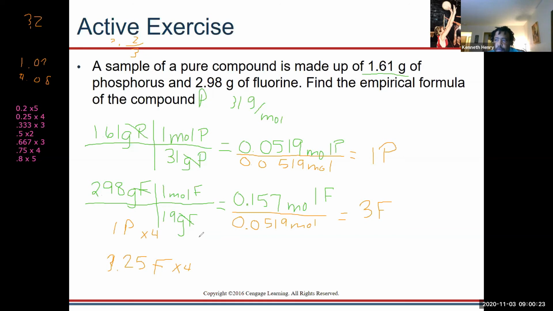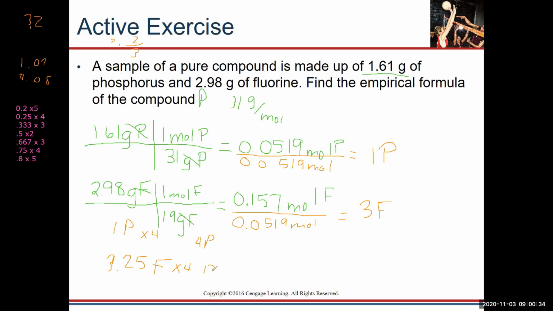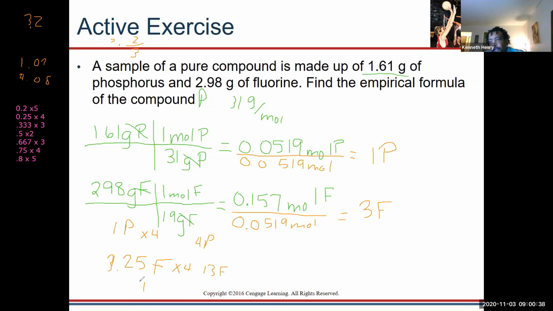So then that would give me 4P, and what would this be? 13F. So my empirical formula would be P4F13, instead of PF3 for the perfect answer.